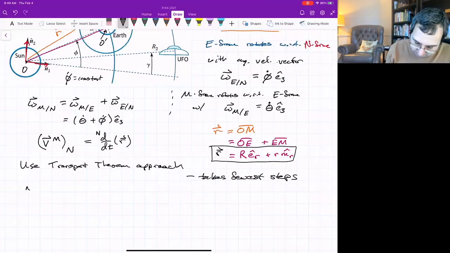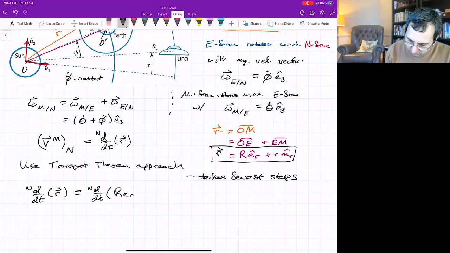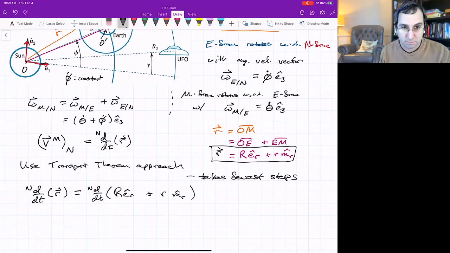Okay, so the inertial derivative, or N derivative with respect to the N frame of r, is what? Well, you just substitute in what we've got, R ER plus little r MR. We can just plug that in right here.